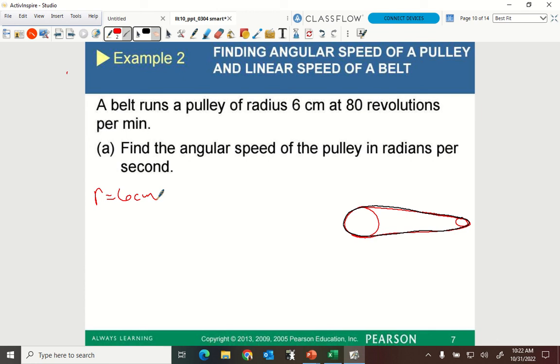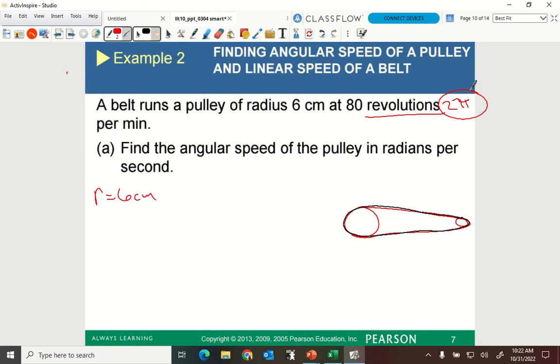Yes? Good. And 1 revolution is 2 pi, right? But there's 80 of those. With 80 revolutions, I would take 80 and multiply that by 2 pi, right?